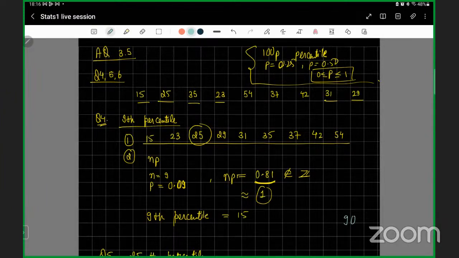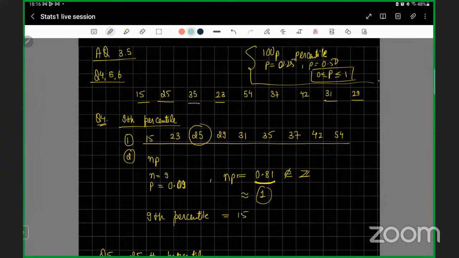If I want to write the 25th percentile in terms of 100p, then p should be 0.25. Right? So 100p should be 25.